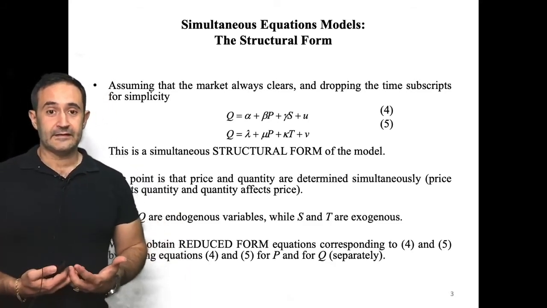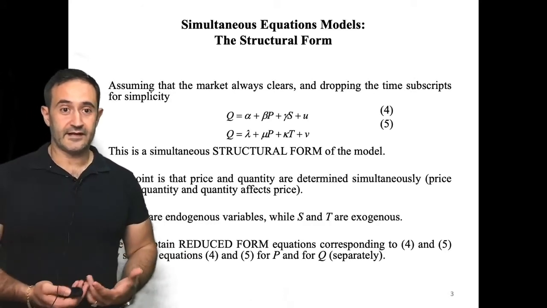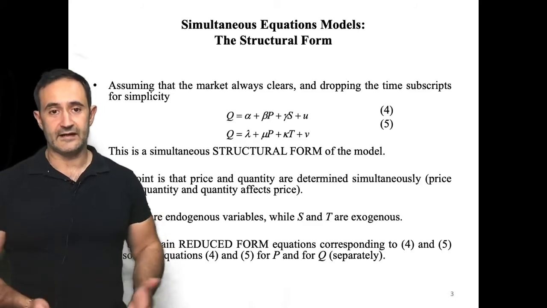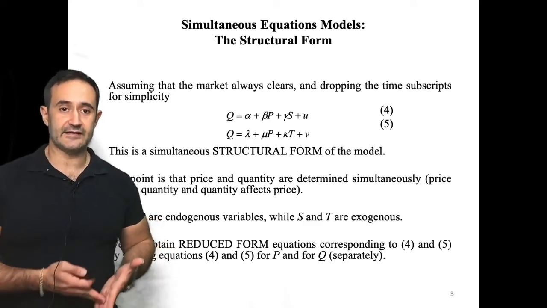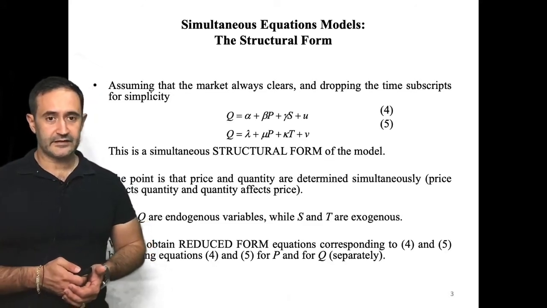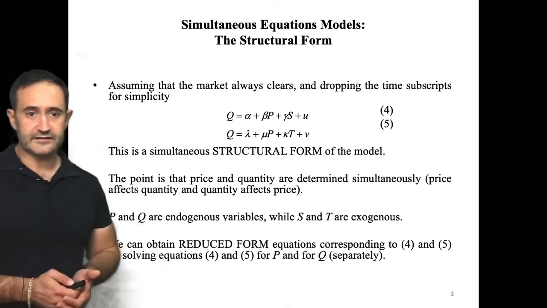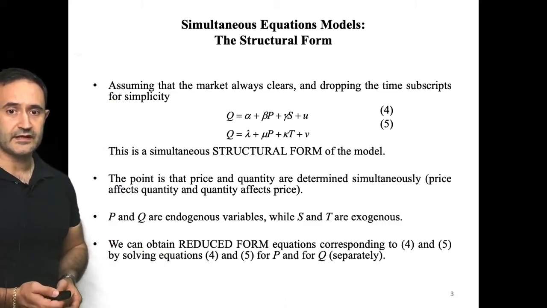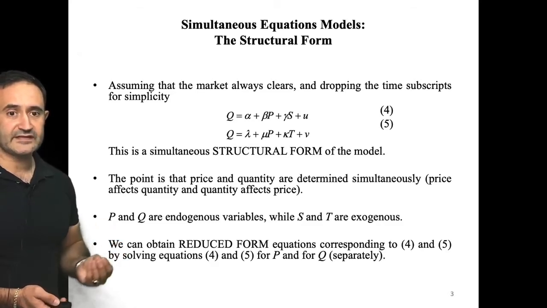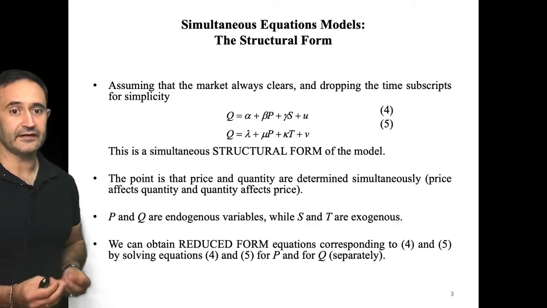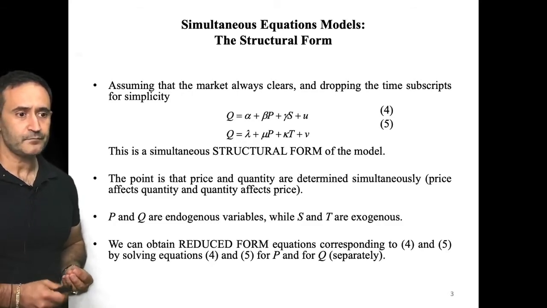But in practice, we actually have historical data for Q and P, but we don't know these alpha, beta, gamma, etc., and those are the ones that we want to estimate. As you have in the third bullet point, it says P and Q are endogenous variables and S and T are exogenous. So we are saying here that P and Q are the ones determined by the other variables.